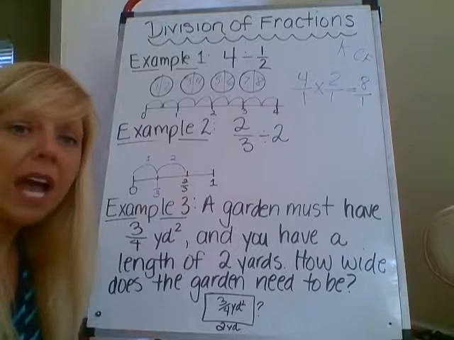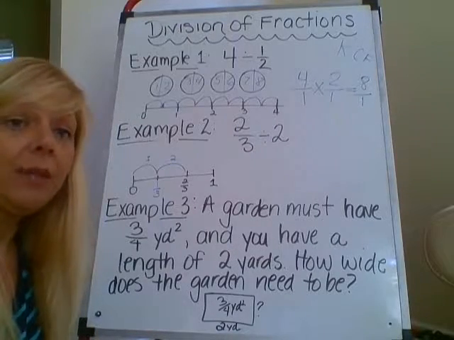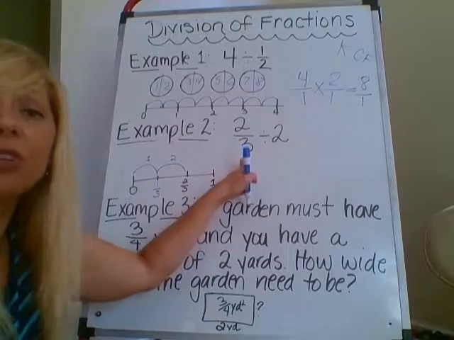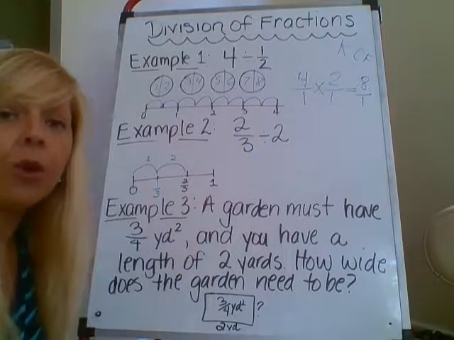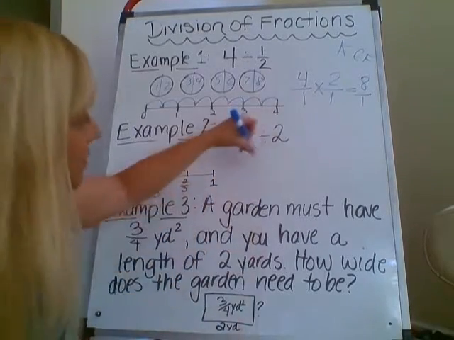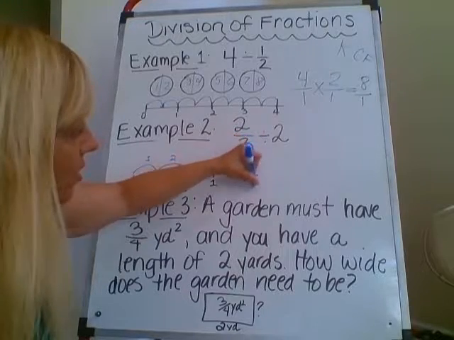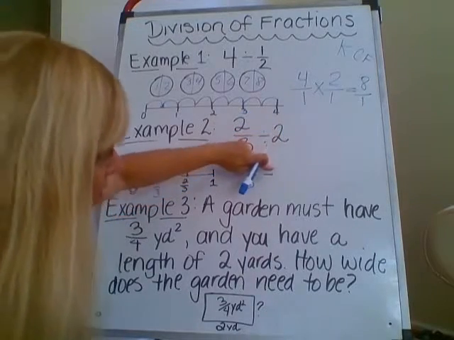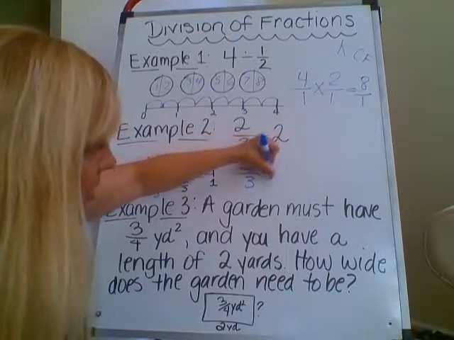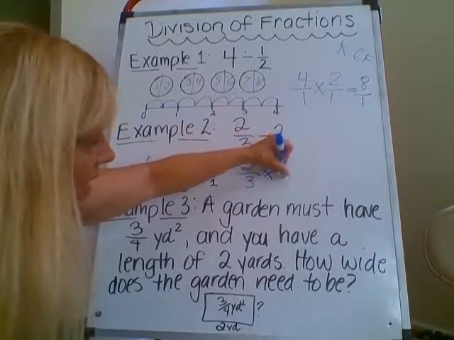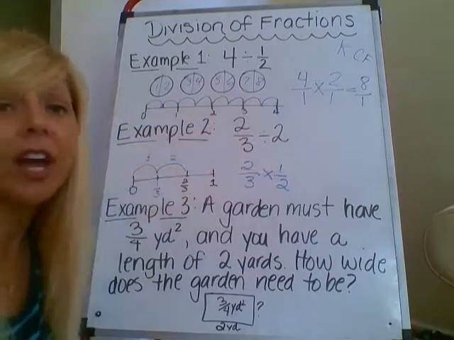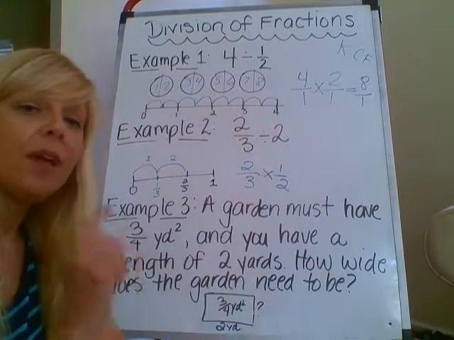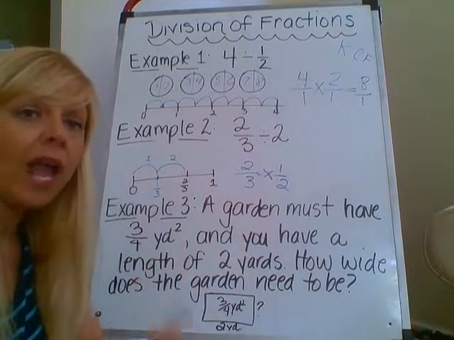Okay, so if I use the algorithm and I use my keep, change, flip, I keep the 2/3 because that's what I had originally. I had 2/3, and we're going to change to multiplication and take the reciprocal of the divisor. And since I have 2 wholes, that becomes 2 over 1, or 1/2.